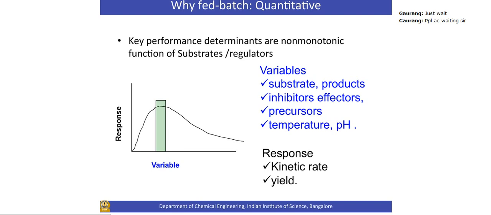Now, this region, below this optimal or critical region, is where I am not utilizing the potential of the cell to its maximum, or in other words, I am underfeeding the cells, whereas in this region, I am overfeeding the cell. So by appropriately controlling the substrate concentration, I want to avoid both underfeeding as well as overfeeding, and I am always in this range.